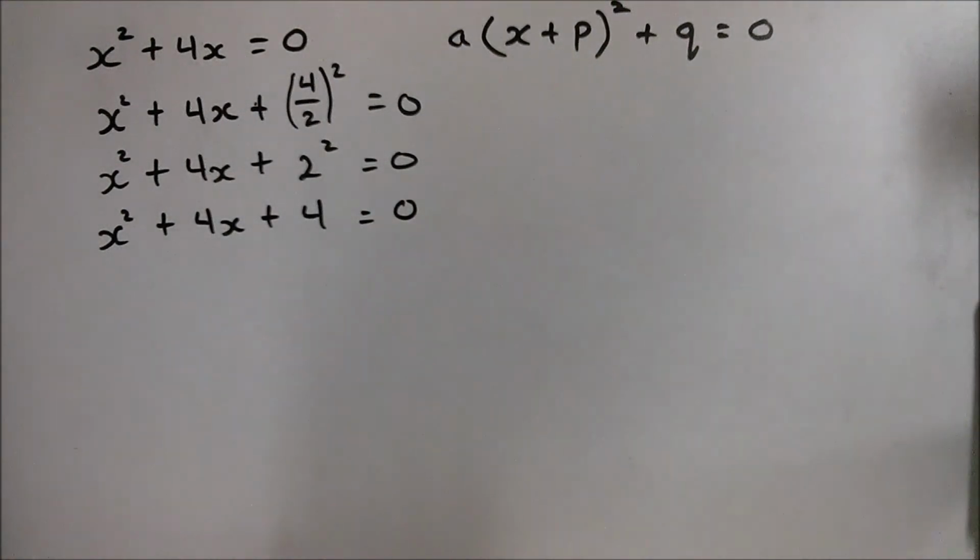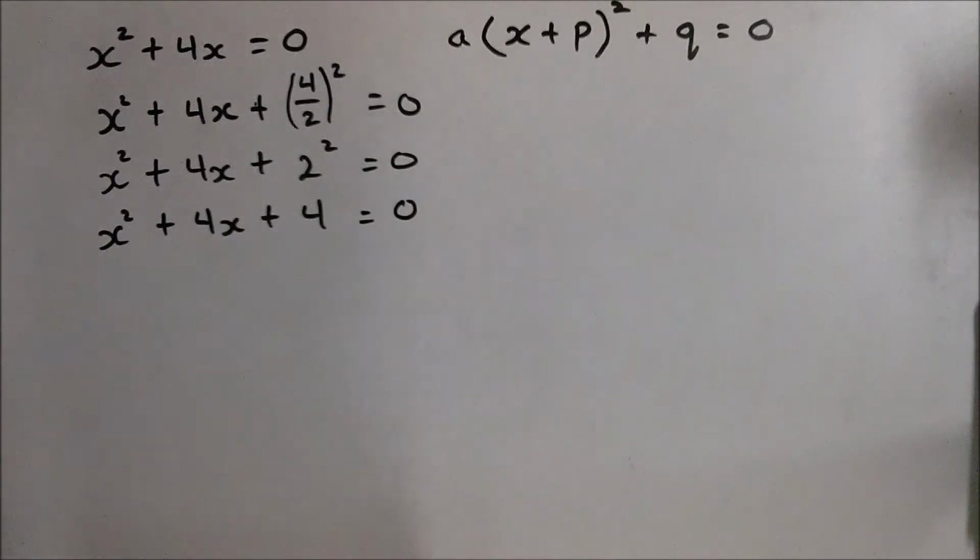Now our next step here is to factorize this equation, and if you haven't learned how to factorize, I suggest that you watch the factorization video that is provided under the heading factorization.